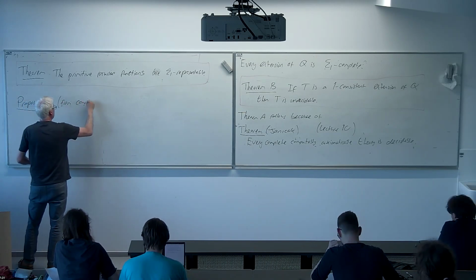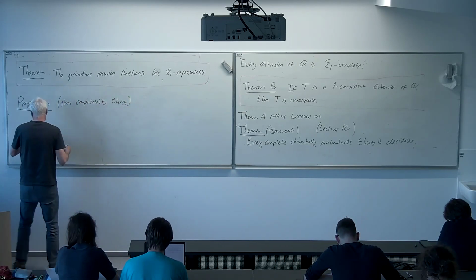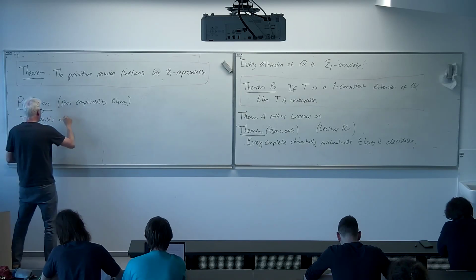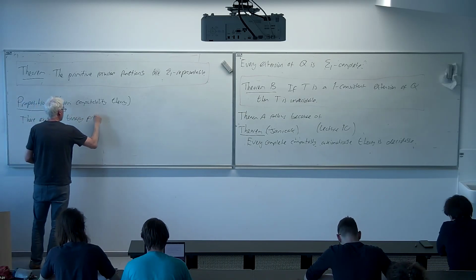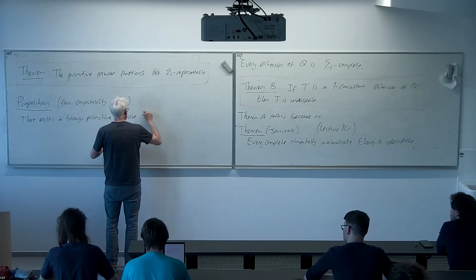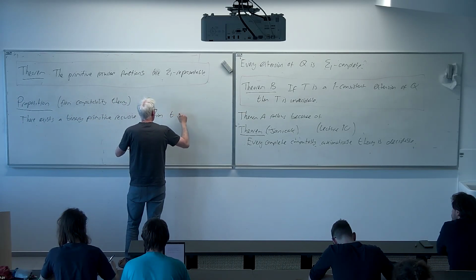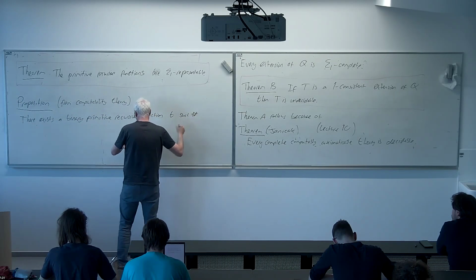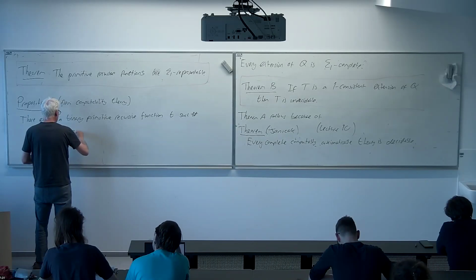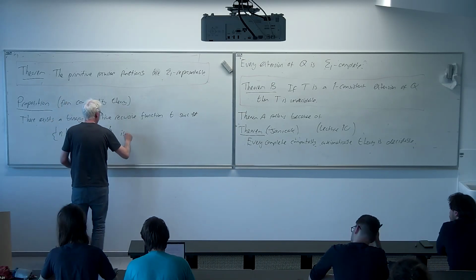So from computability theory, there exists a binary, so a 2-argument, primitive recursive function t, for which the set of n such that there exists an m such that T(m, n) equals 0 is undecidable.